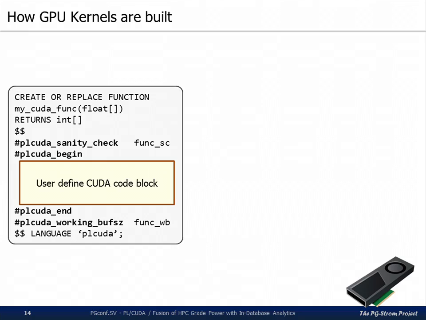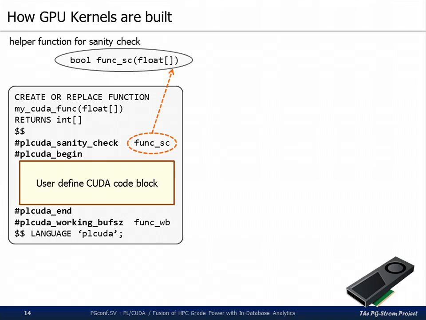Then, we can add some directives within the CUDA code block. For example, the PL/CUDA sanity check directive can specify an external function to check the function arguments, whether they are valid or not.